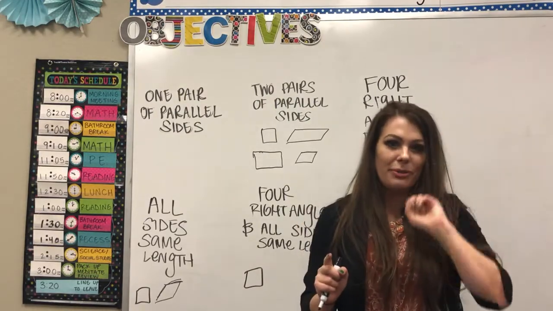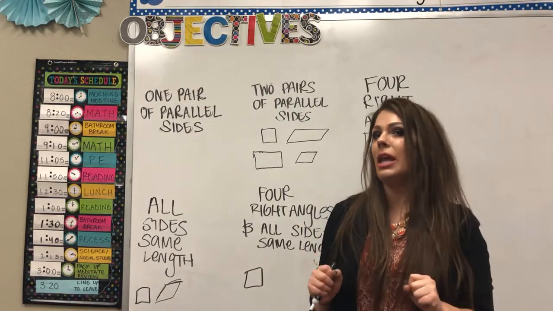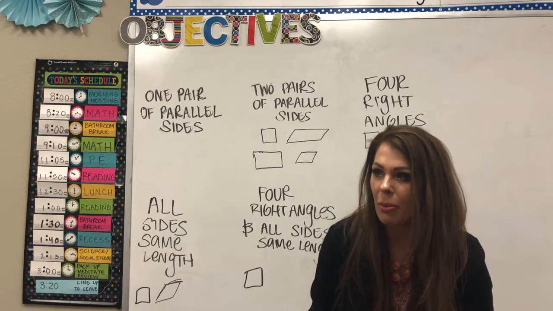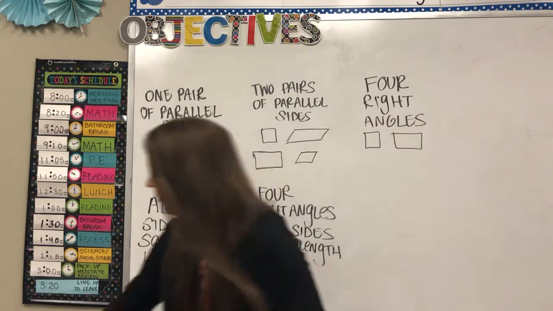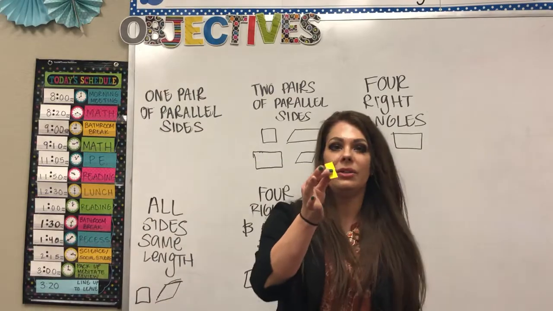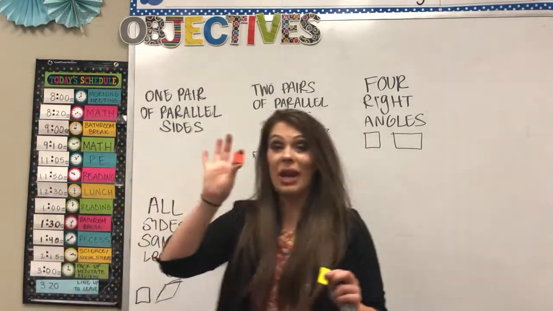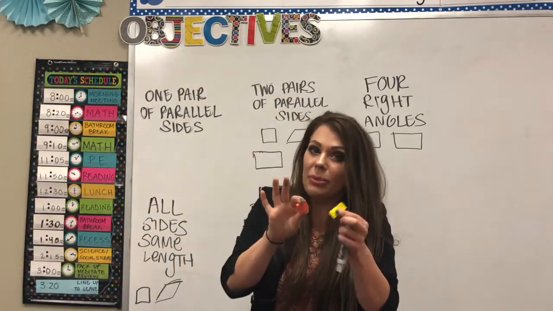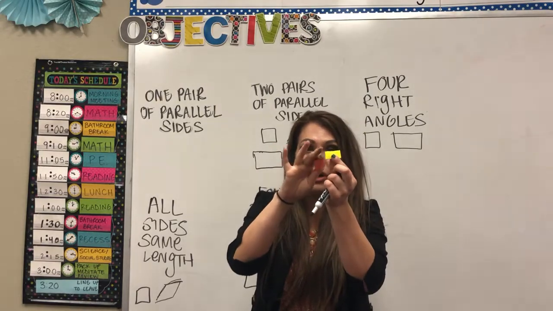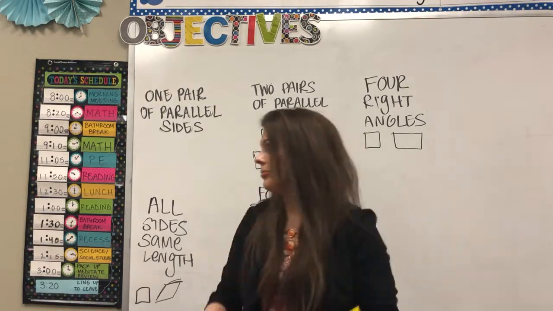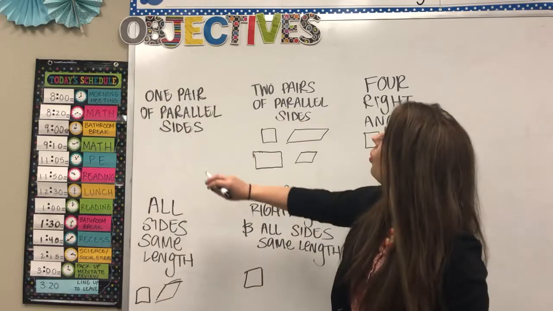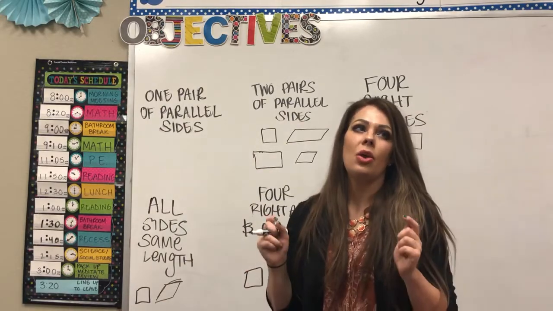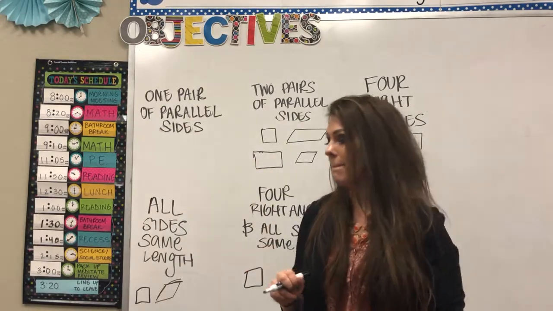Now for the tricky part. Can you name the categories, right? Remember, there's some overlap, so even though I'm thinking this is a rectangle, a square is also technically a rectangle because they both have those four right angles. So let's see, one pair of parallel sides. What was that shape called again?